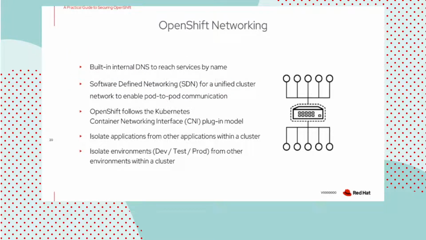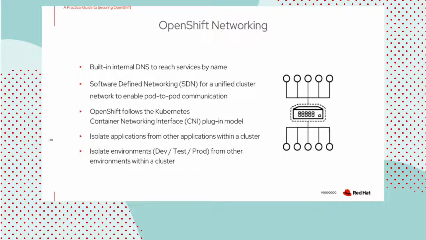So let's talk a little bit about defending the network, right? So far we spoke about how you can defend the operating system, how you can defend Kubernetes, and how you can defend all the workloads running on Kubernetes using things like security context constraints, SELinux, projects, teams, and namespaces. Now let's go a little bit up the stack and talk about how you can defend the networking pieces.